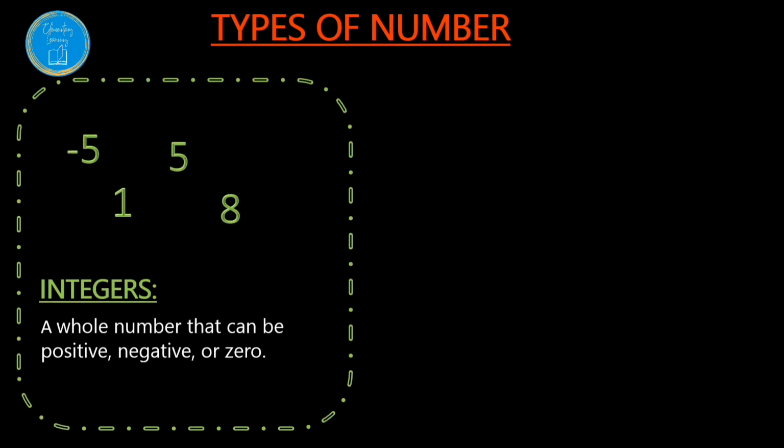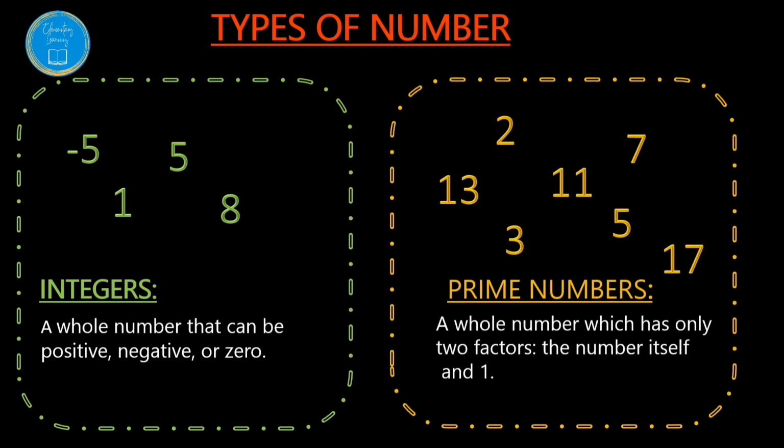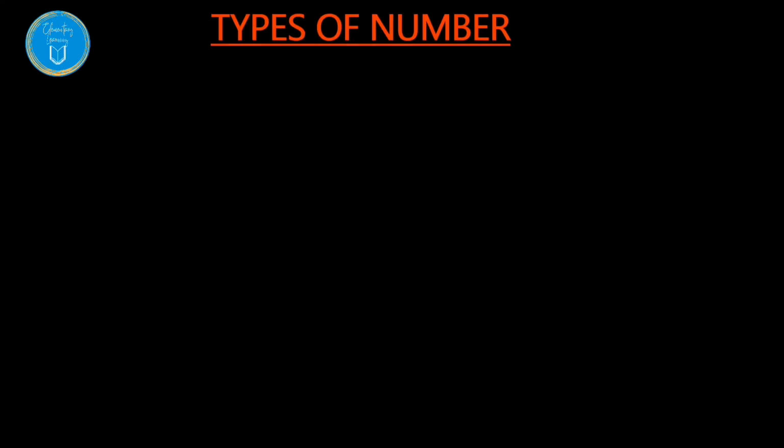Integers: a whole number that can be positive or negative, for example -5, 1, 5 and 8. Prime numbers: a whole number which has only 2 factors, the number itself and 1, for example 2, 3, 5, 7 and 11, etc.